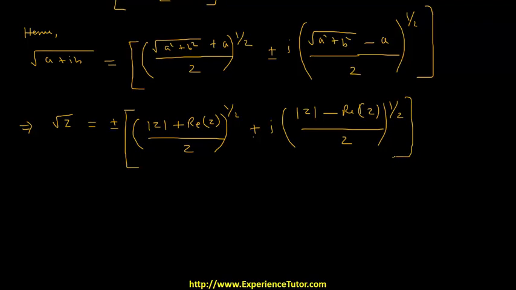We take the sign of the imaginary part of the square root as positive or negative according to whether the imaginary part of z is greater than 0 or less than 0.